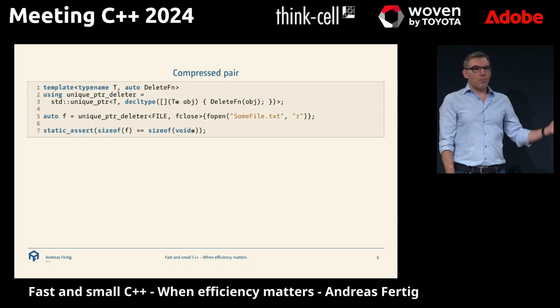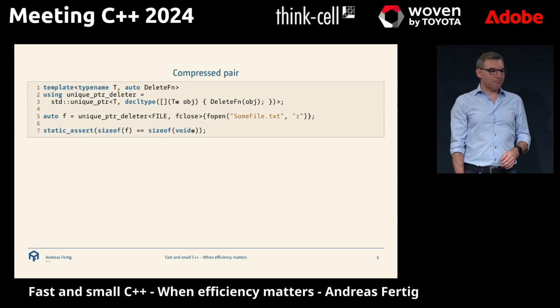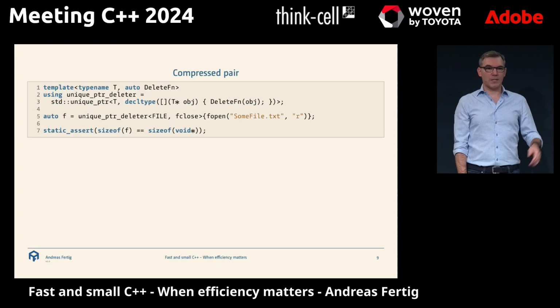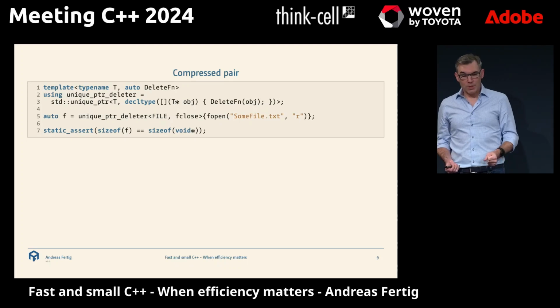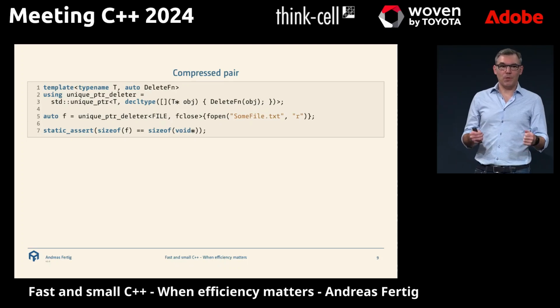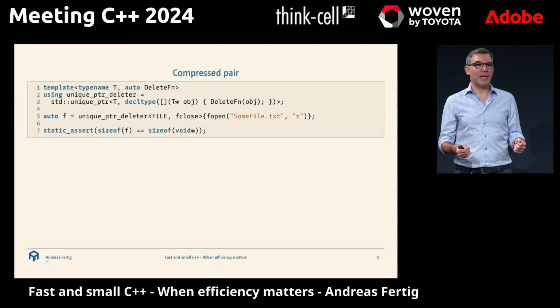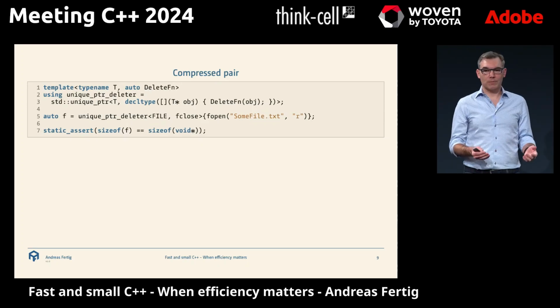My using alias points to a unique pointer. Std unique pointer, it says it's typed with T. And the second parameter, my deleter, here I'm using C++20. I'm using decltype on a captureless lambda because in C++20 we can have captureless lambdas in unevaluated context and deduce their type.